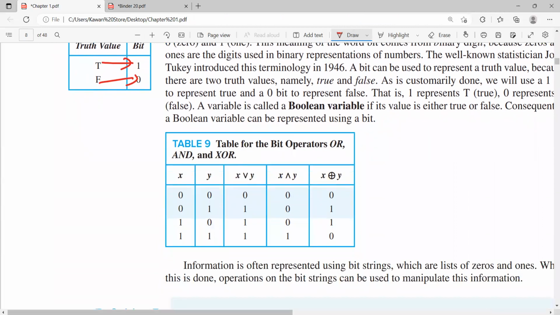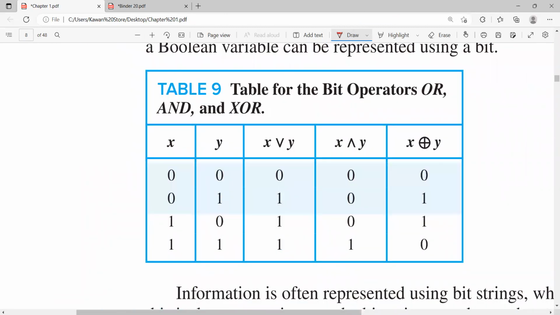So when I have false or false, I get false. 1 or 0 is 1, 0 or 1 is 1, because I have or. 1 or 1, I will get 1. Understood? Good, easy.